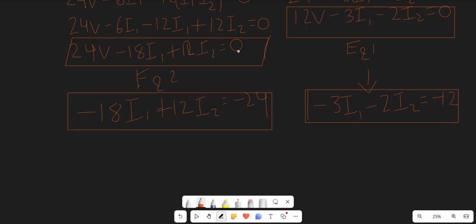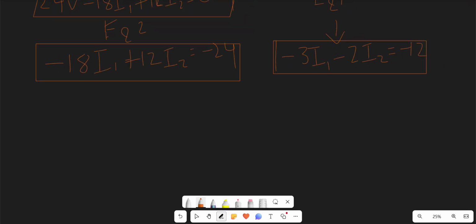And now we're going to use these equations to plug into our system of equations. So following the same process we did earlier, we're going to try to eliminate one of the two variables, either I1 or I2. So let's scale up the equation for loop 1 by negative 6, so that negative 2 I2 becomes positive 12 I2, which matches what we have here on the left side.